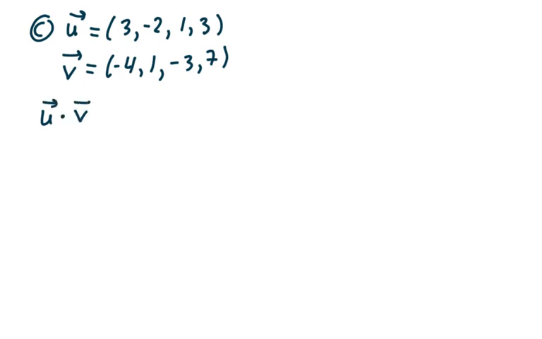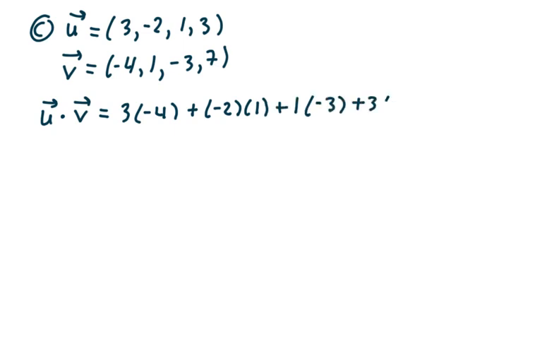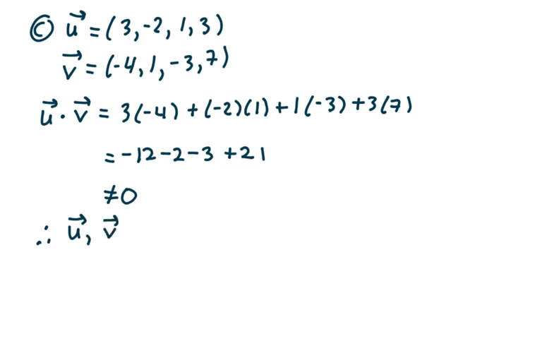So when I look at the dot product of u and v, I get 3 times negative 4 plus negative 2 times 1 plus 1 times negative 3 plus 3 times 7. Okay. And this is negative 12 minus 2 minus 3 plus 21. And that doesn't equal 0. And so, therefore, u and v are not orthogonal vectors.